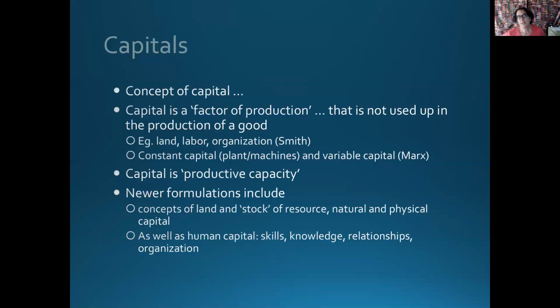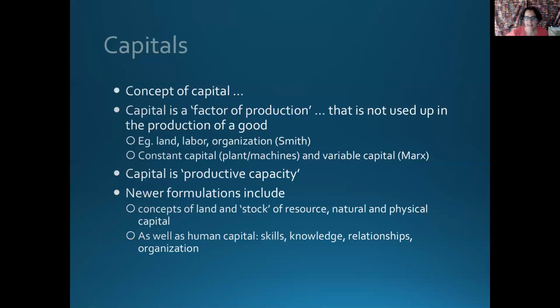Now, for those of you in the community development program, you will already be familiar with the capitals framework developed by Cornelia Flora and partners. And I've put in a supplementary reading in case you would like to refresh on that.